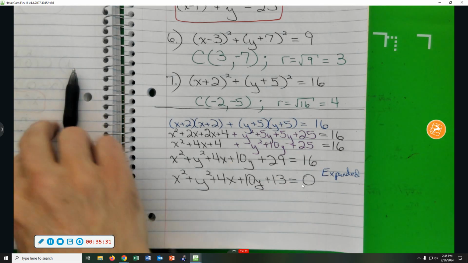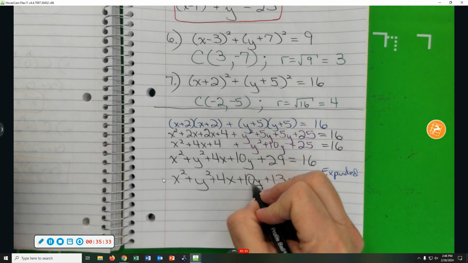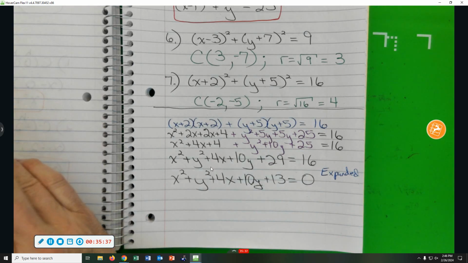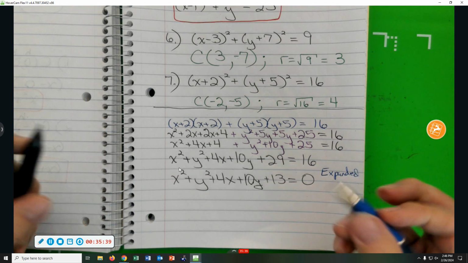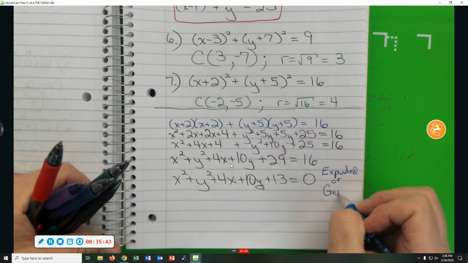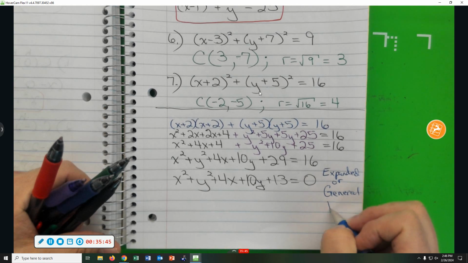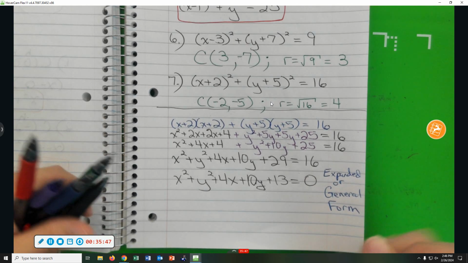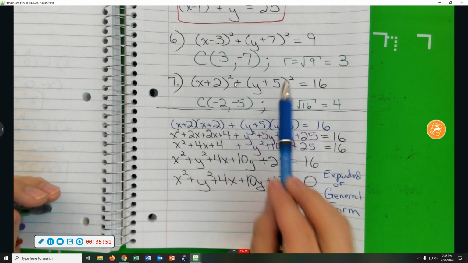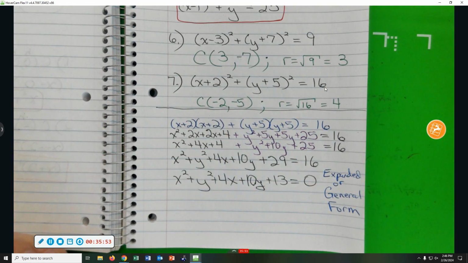I remember doing this in relation to implicit differentiation in a calculus class, going through removing the parentheses. But in an algebra class, there's really nothing nice about this form. With center radius form, change sign, take the square root.